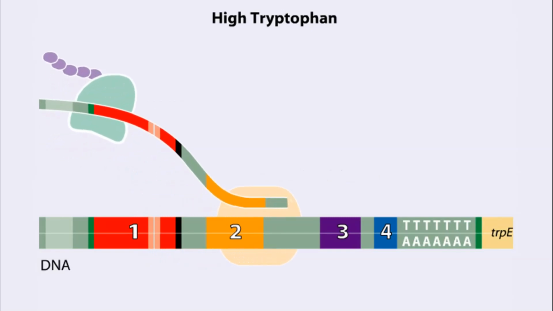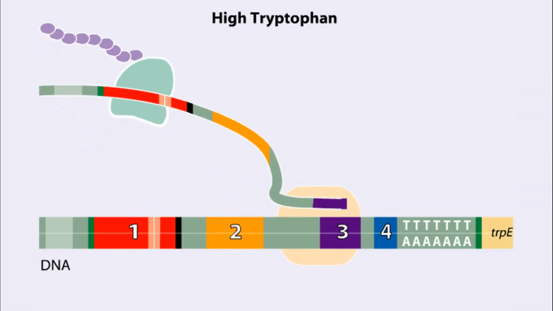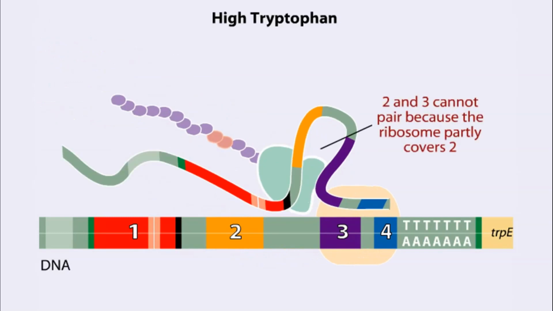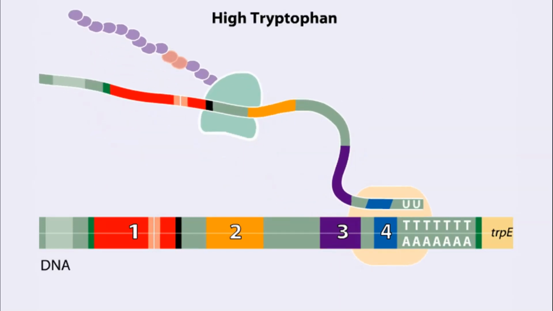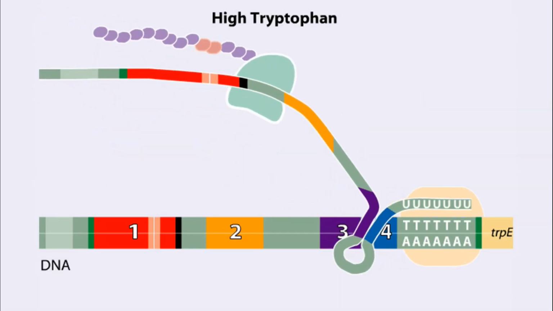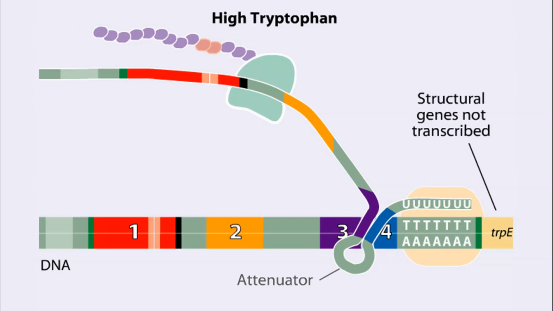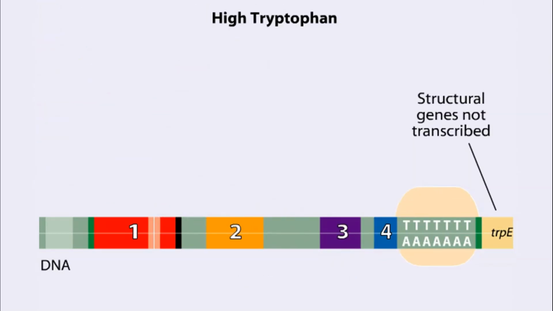By the time region 3 is transcribed, the ribosome has already moved past the tryptophan codons to partly cover region 2. Because region 3 is prevented from pairing with region 2, it pairs with region 4 instead to produce the attenuator, which terminates transcription. The structural genes are not transcribed, and therefore no additional tryptophan is synthesized.